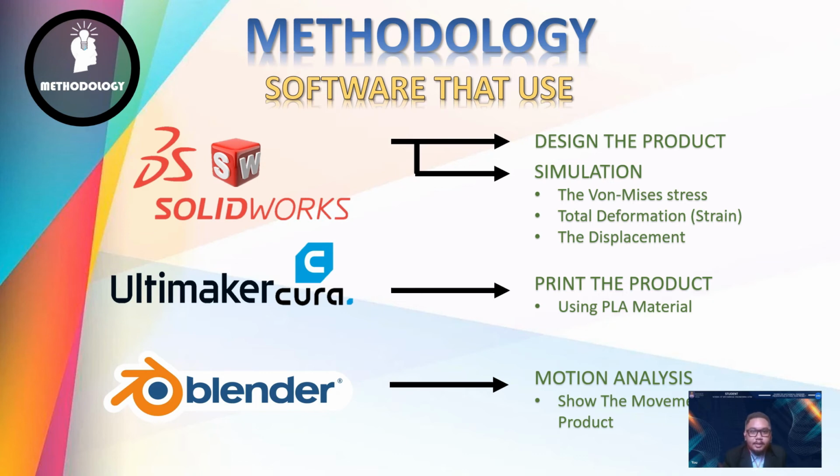The second I used is Ultimaker Cura software to 3D print the product using PLA 3D material. This software is a free app and easy to use for tuning the 3D model settings to make the product 3D print in good quality. Lastly, Blender is used to make a motion analysis that shows the movement of the product.